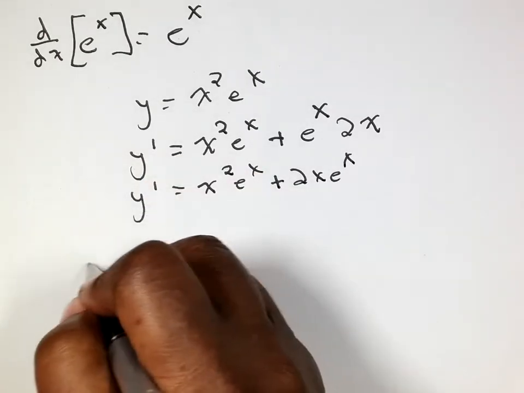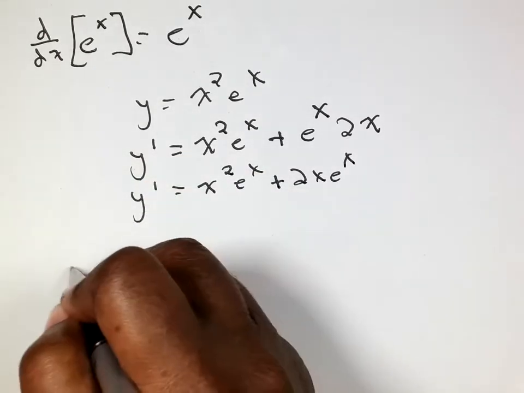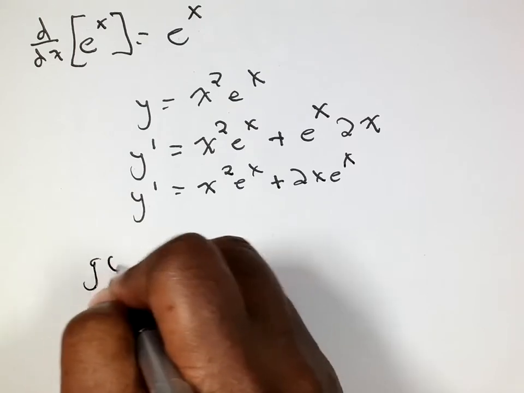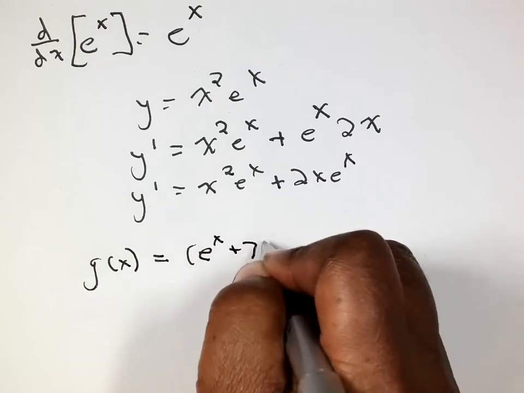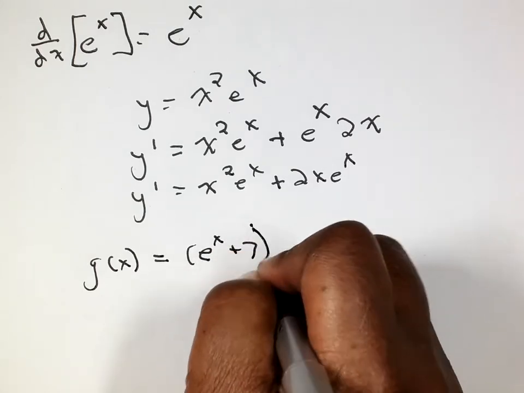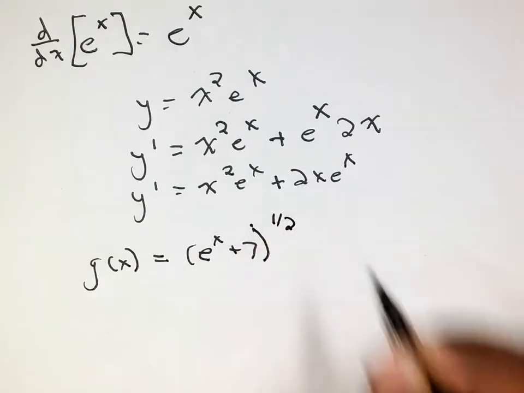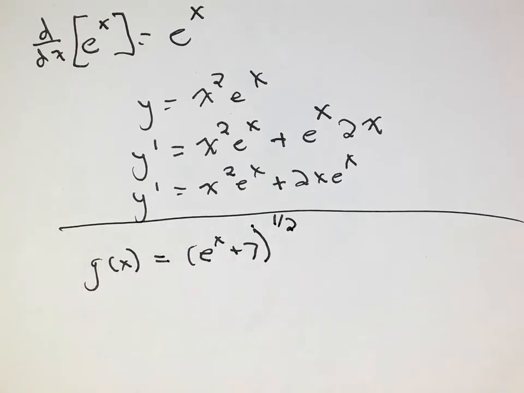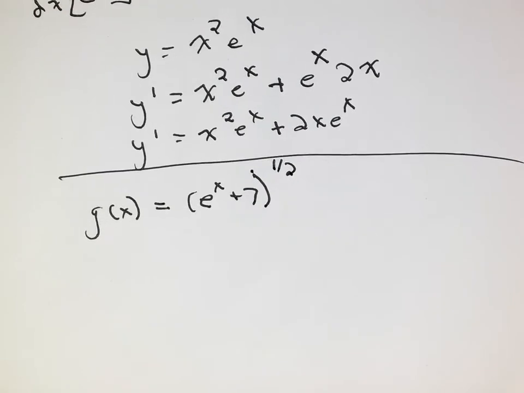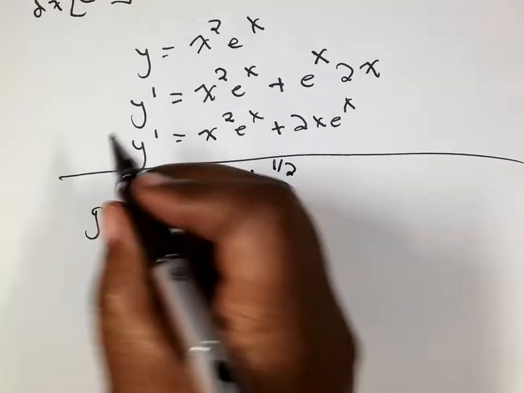Another example, and this is taken from your notes. So I have g of x is e to the x plus 7 to the 1/2 power, or it could have been written as the square root.